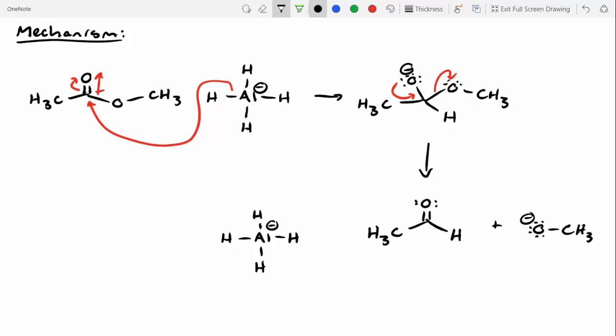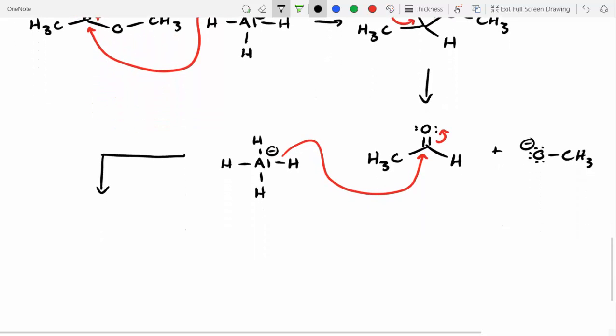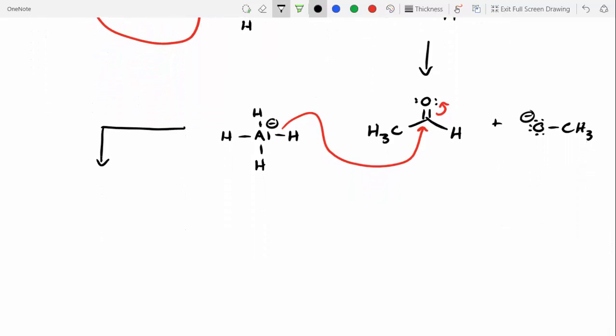And what do you think the next equivalent of the lithium aluminum hydride will do with the aldehyde? It'll do that same reaction, right? So this hydride will attack that central carbon. It will kick up electrons. How about the other side? The OCH3 is there? So right now it can't really do much but hang out as the anion, but we'll come back to it. Okay, so we've got this aluminum hydride attacking in.